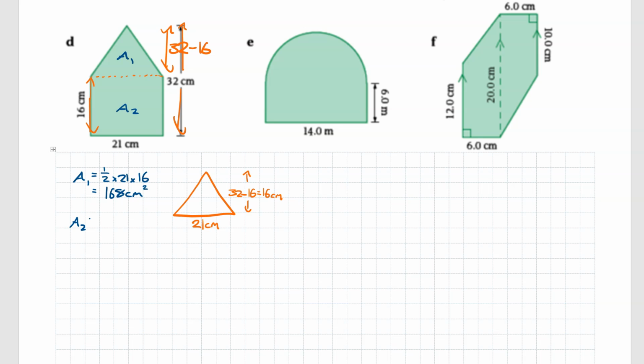Finding A2, we're going to go the side times the side, so 16 times 21 for our rectangle. 16 times 21 is equal to 336, and it's centimeters squared. Therefore, A total is going to be A1 plus A2, and therefore that's going to be 168 plus 336.